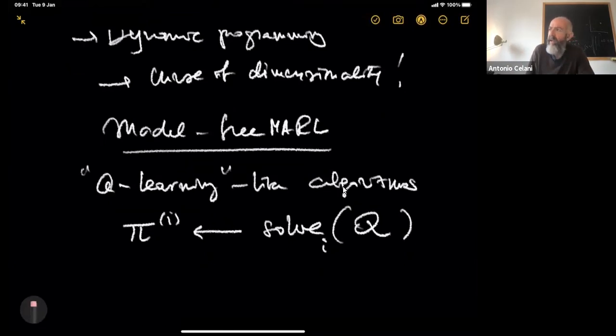And then you have the operation by which you update your Q for the agent i.